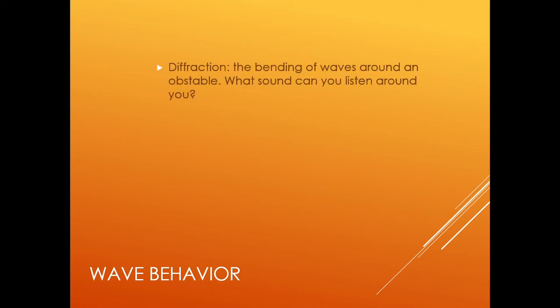Now we're going to talk a little bit about wave behavior. We have diffraction, the bending of waves around an obstacle. And what sound can you listen around you? So, diffraction explains that even though the sound is produced in a certain spot, it can happen that waves travel around the object that is producing the sound.